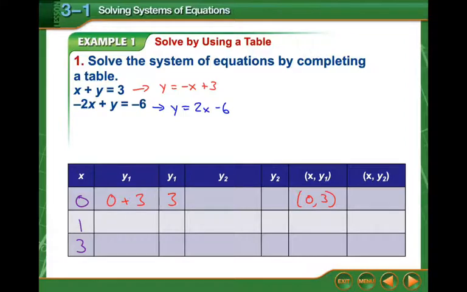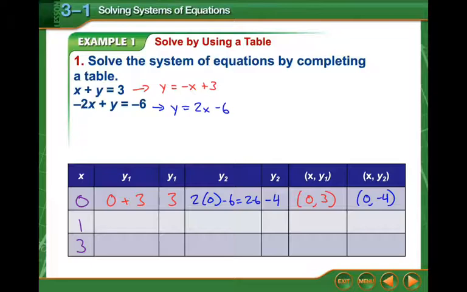For y2, we plug in a 0. It's going to be 2 times 0 minus 6. Write that a little bit smaller. So that's going to be 2 minus 6, or negative 4. So that one is at 0, negative 4. Those 2 points aren't the same, so that's not our solution. So we got to keep going.